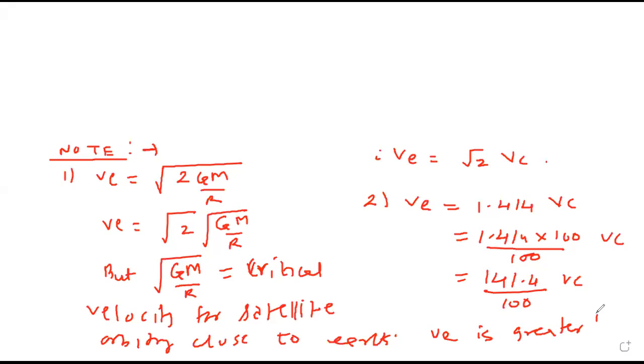VE is greater than VC by 41.4%. 141.4 means it is more by 41.4 as compared to 100. So you have to remember, first, VE is root 2 times VC. Second, it is greater than VC by 41.4%.